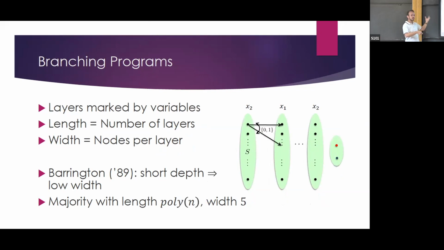So, for example, if we take the construction from the previous slides of majority with length poly n and depth only logarithmic, then this actually turns into a branching program that computes the majority with width 5. Yeah, so actually this 5 is inherent. It's a really nice proof. It's not complicated. This 5 actually comes from non-solvability of S5. So it was something cool happening there.